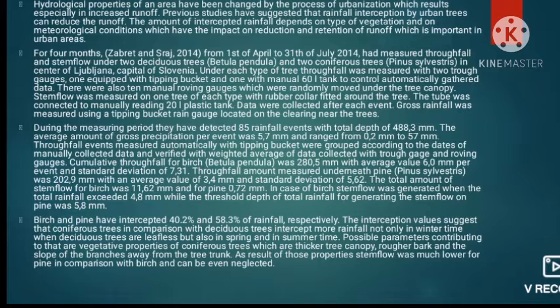Possible parameters contributing to that are vegetative properties of coniferous trees, which are a thicker tree canopy, rougher bark, and the slope of the branches away from the tree trunk.